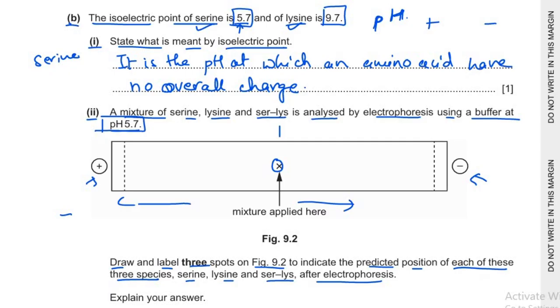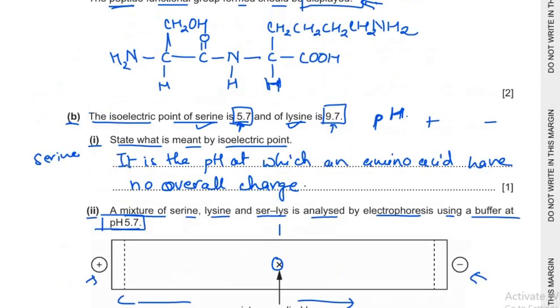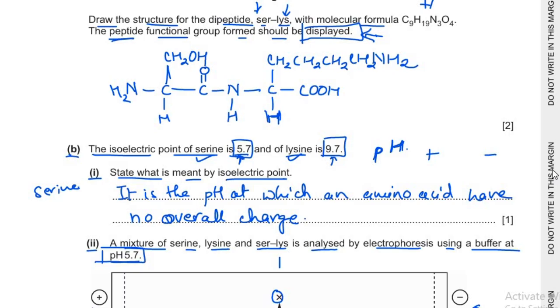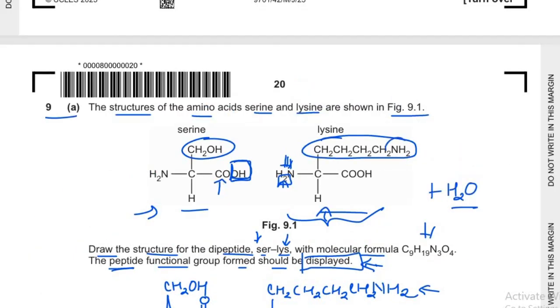Now lysine exists as neutral at 9.7, so at pH 5.7, which is acidic for it, it will be overall positively charged. Let's understand how the pH is acidic for it. On this lysine, this amine group is going to gain a hydrogen ion, H plus will be added to it to make it NH3 plus.